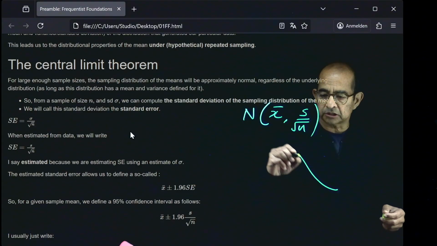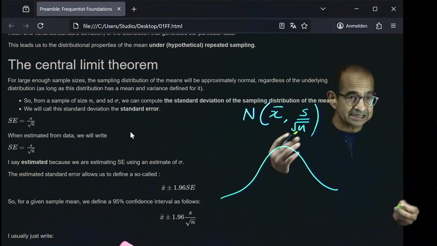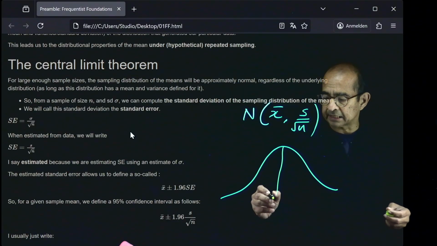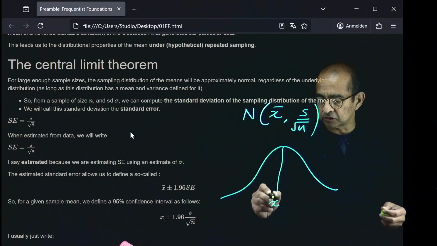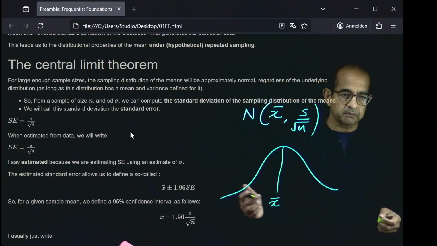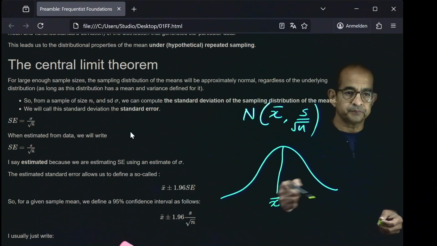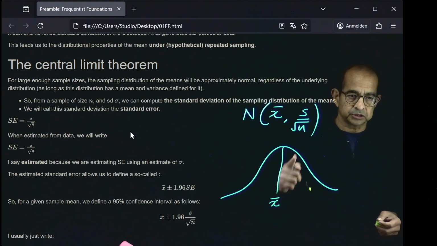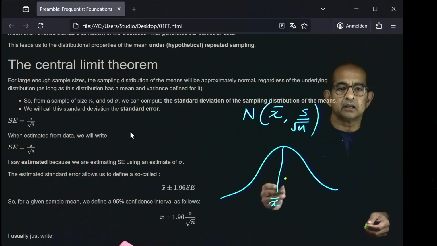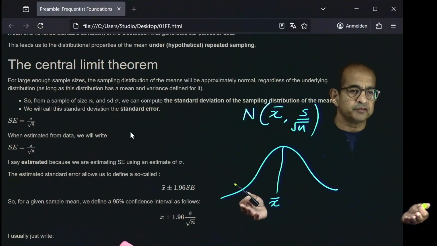So I'll just draw this distribution like this. What we get from our single sample is that the distribution is centered around some mean value, and our best guess of that mean value is the sample mean, given our data set. And the standard deviation, the spread of this distribution, is described by this estimate, the standard error. Now, we know the properties of a normal distribution.